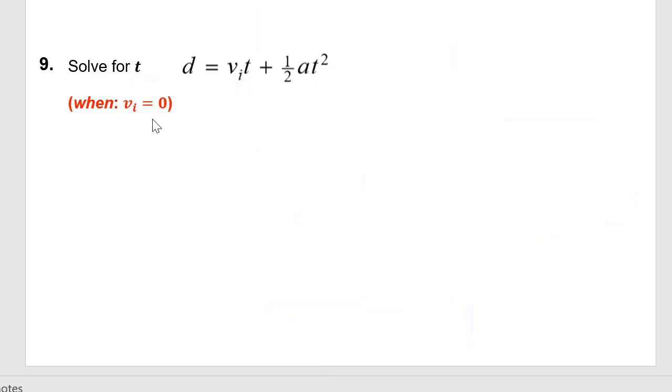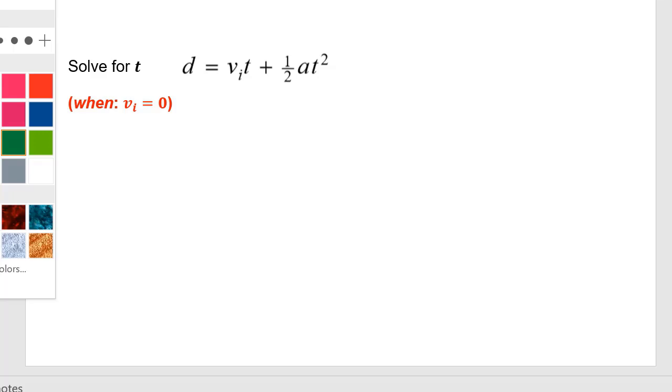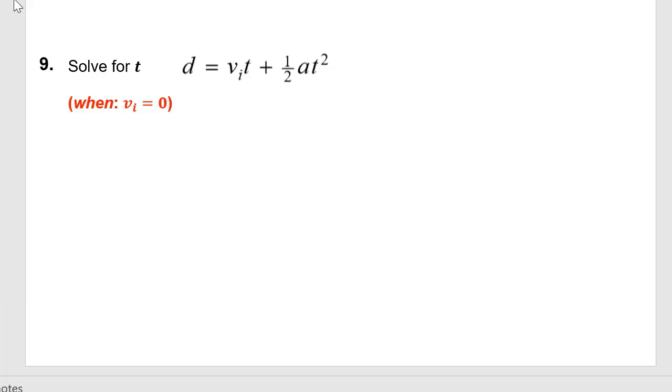Same equation again, same situation. Assume the initial velocity is 0, or maybe you're doing a problem where the initial velocity is 0. This time we want to solve for t instead, so solving for time. If vi is 0, the first term is going to go to 0.